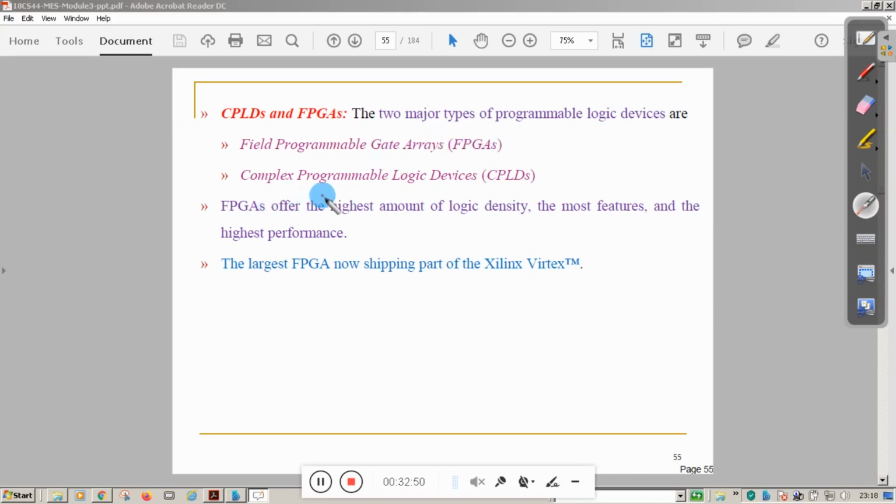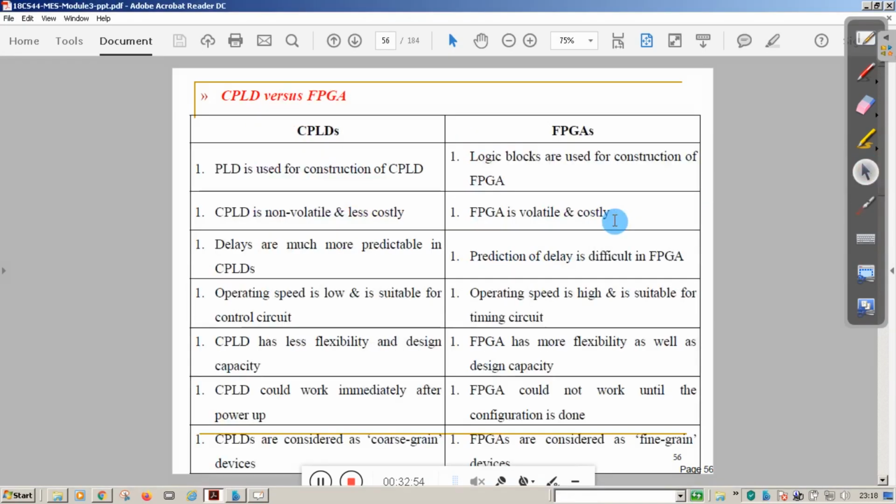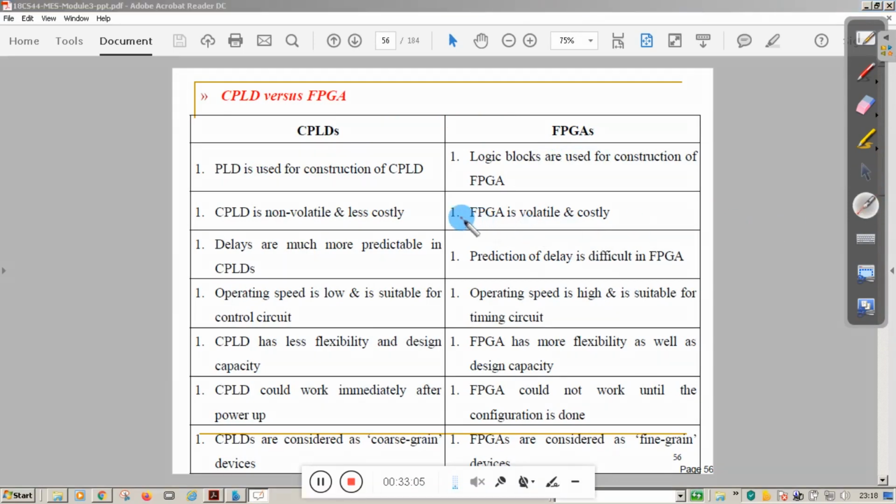The second one is the complex programmable logic device, CPLDs. So here are the differences between CPLDs and field programmable gate arrays. Let me read out one or two. PLDs are used for the construction of CPLDs, but logic blocks are used for the construction of FPGAs.